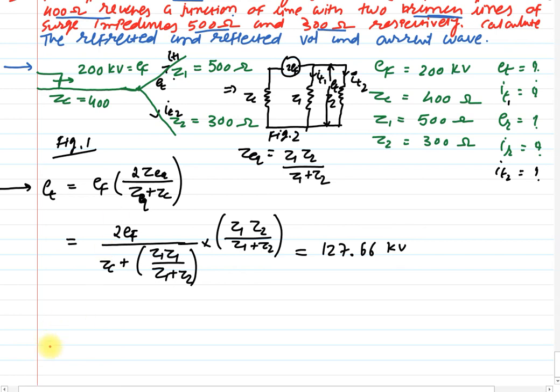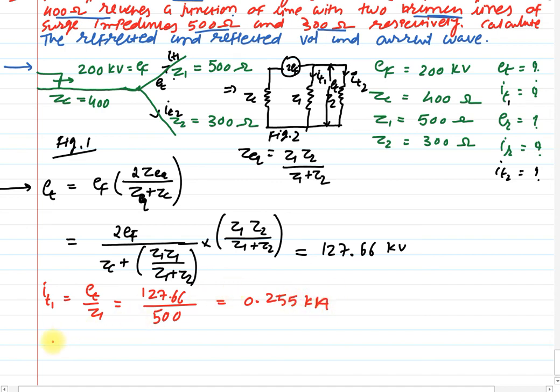And next you have to calculate the current for each transmission line. That means the transmitted current for transmission line 1 is equal to ET by Z1. So ET is 127.66 divided by Z1, which is equal to 500 ohm. So we'll get 0.255 kilo ampere.